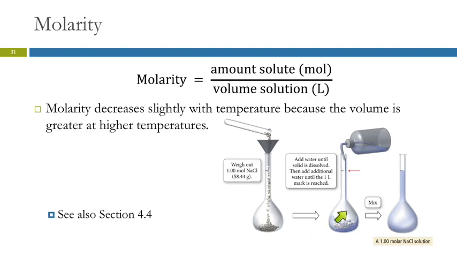You're going to add water and dissolve the solid and then continue to add water until you reach the mark on the neck, which specifies 1 liter of solution. Notice we didn't add 1 liter of water. The whole volume of the solution is 1 liter. And then you would have to mix it thoroughly, and then you've got a 1 molar sodium chloride solution. Any questions?